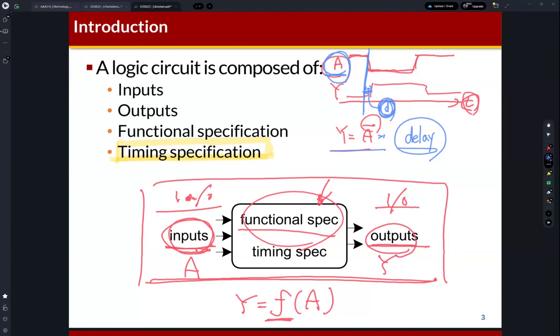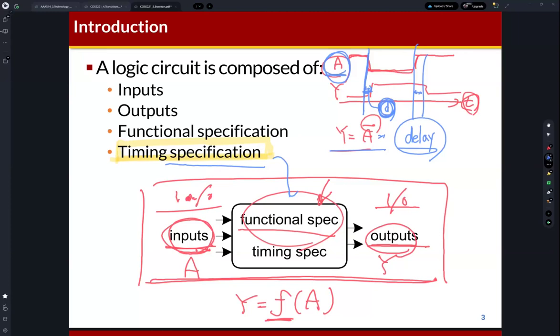So this delay is also specified in the logic circuit. After some delay, the output value changes.